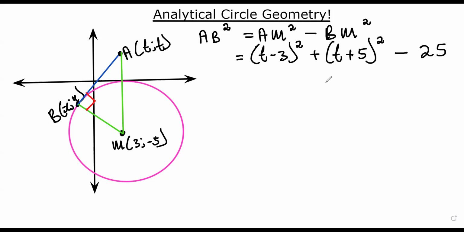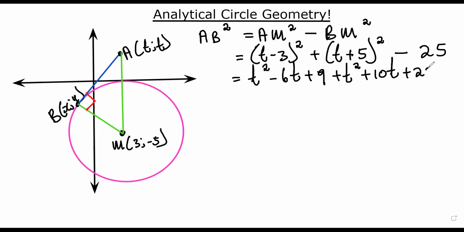So what? Well, now we need to expand this part and expand that part as well. So using the FOIL method, we are simply going to get t squared minus 6t plus 9. And for this one, we simply get t squared plus 10t plus 25. And then we come and say minus 25. Okay. Then t squared plus t squared, well, it's 2t squared.